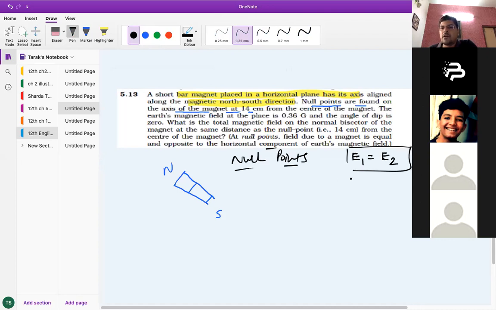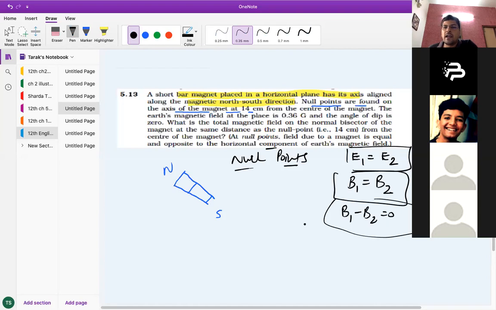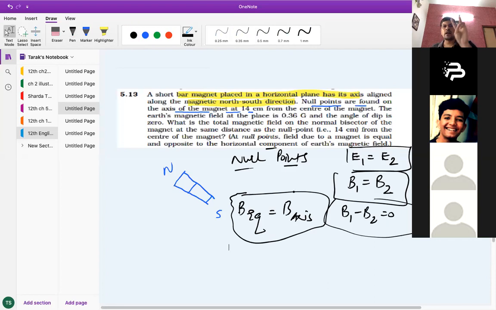For the magnetic field, both the magnetic field lines are equal, or you can say that their difference will be 0. We are talking about the equatorial line and axis line. So if B of equator and B of axis are both equal, then that point where both are equal is called a null point.